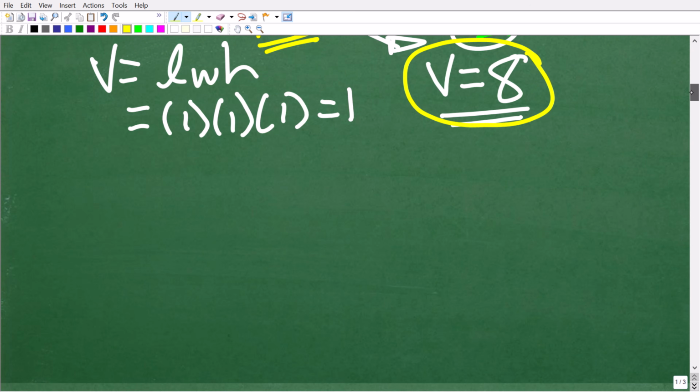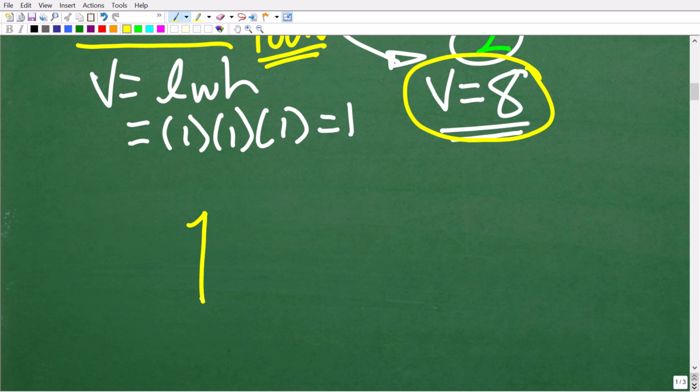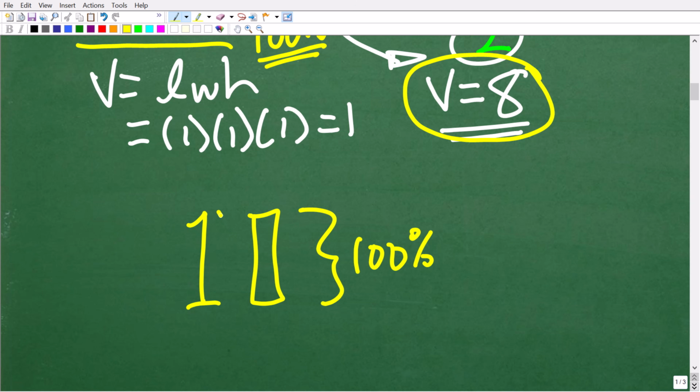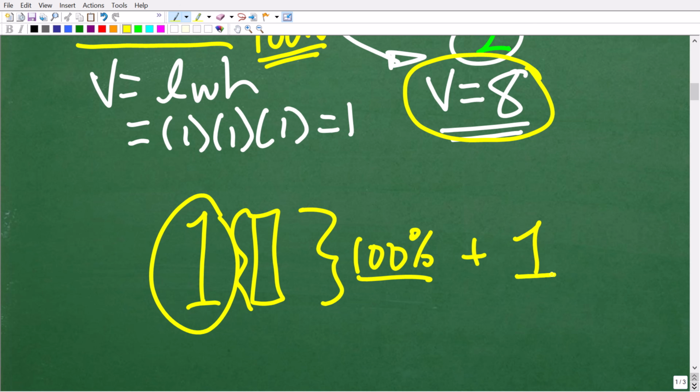So let's just make sure you understand this here. So if I have 1 here, and 100% of 1 is in fact 1, right? So if we increase the volume of something by 100%, what we're doing is adding another 1 to it.